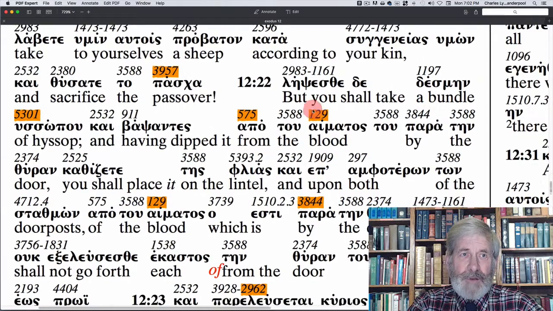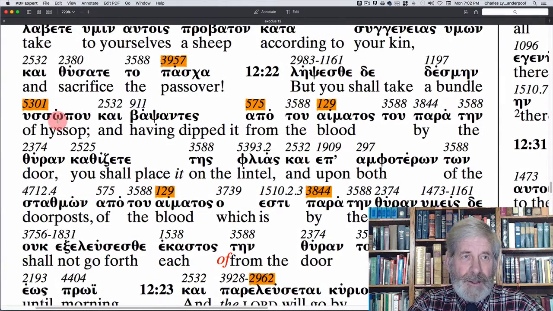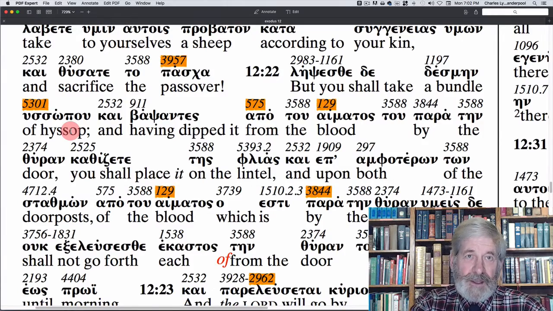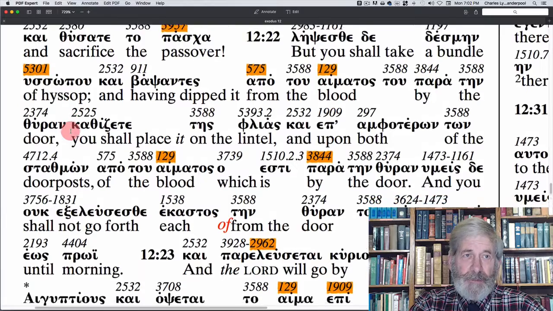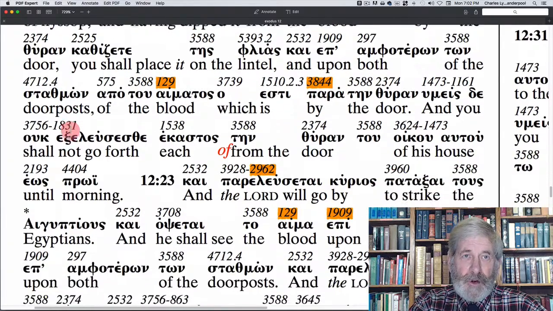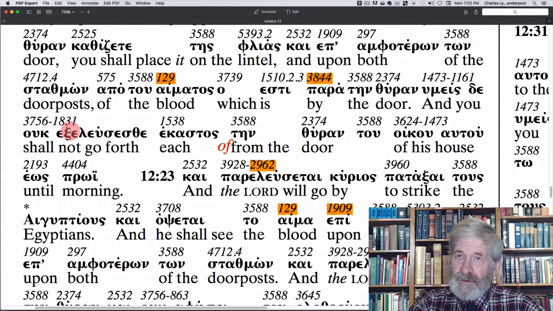But you shall take a bundle of hyssop. Hyssop is a plant with leaves and stalks. And having dipped it in the blood by the door, you shall place it on the lintel and upon both of the doorposts.